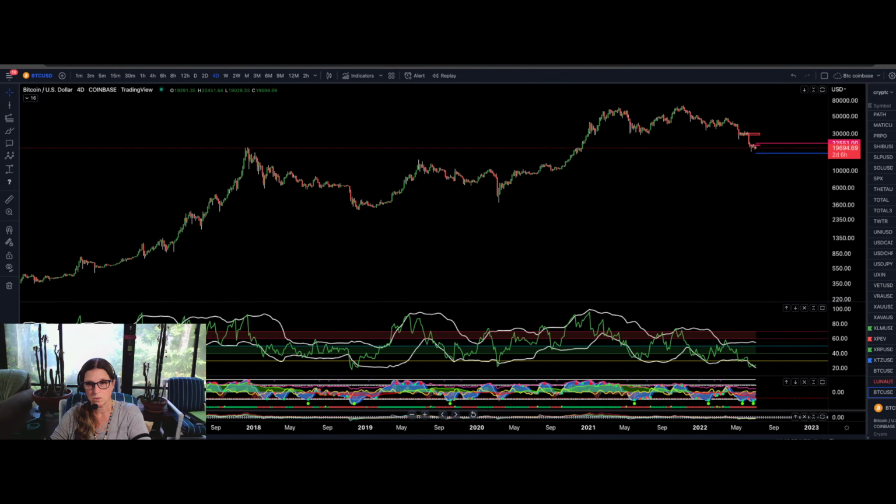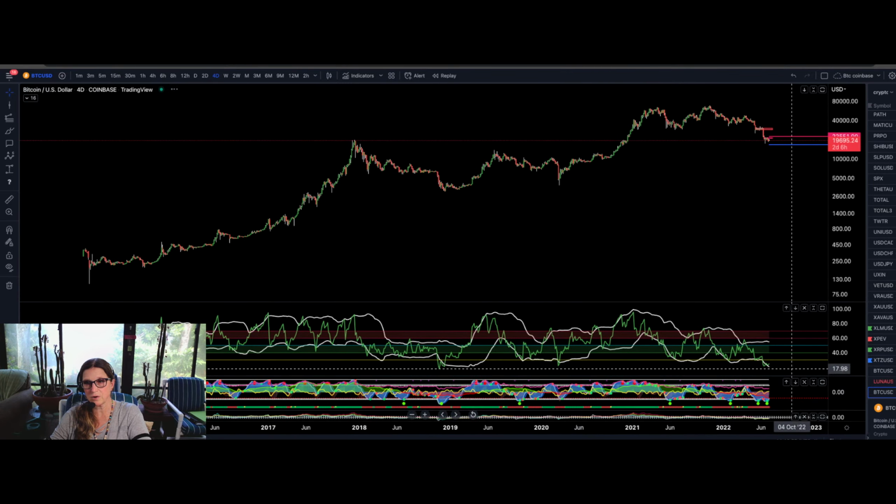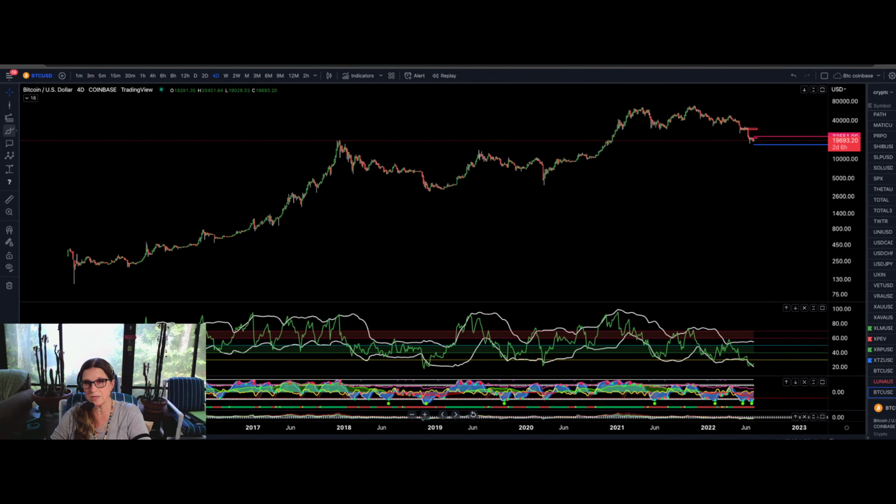And right now, we're still very buried on the 4-day. So if we're going to need a 4-day divergence, we are going to have to pivot up to the upside to bring this RSI up to the 40 and then roll over again so we can create reversal divergence.